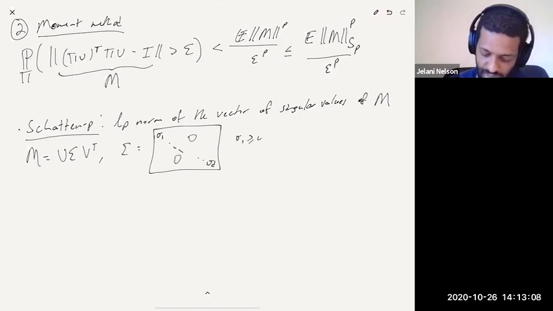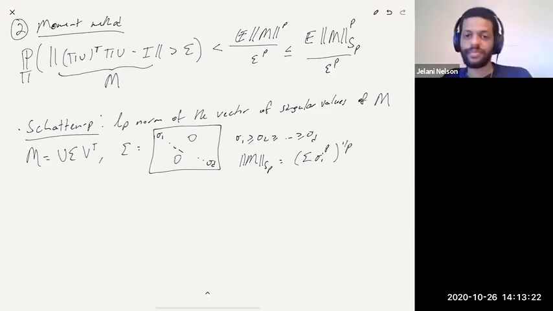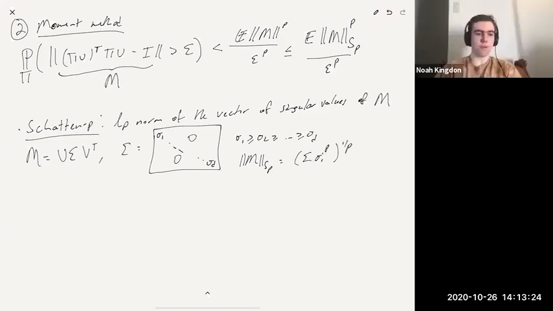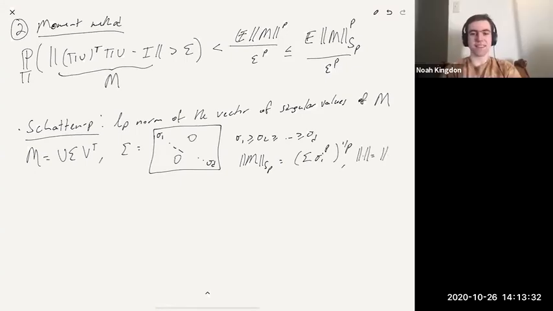Sigma 1 is bigger than or equal to sigma 2, bigger than or equal to dot dot dot, bigger than or equal to sigma D. So the Schatten P norm is equal to the sum of sigma i to the P, raised to the 1 over P. So the operator norm is the same thing as the Schatten infinity norm, which is just sigma 1.